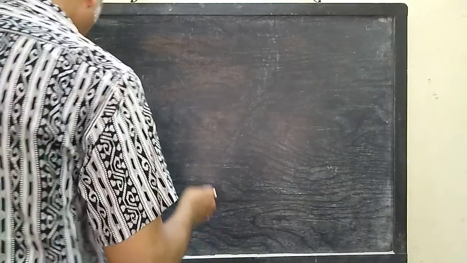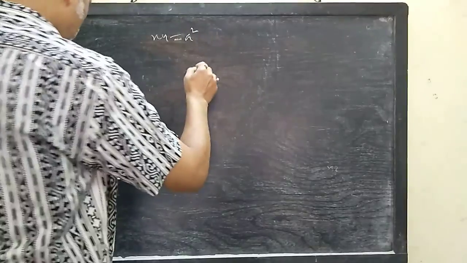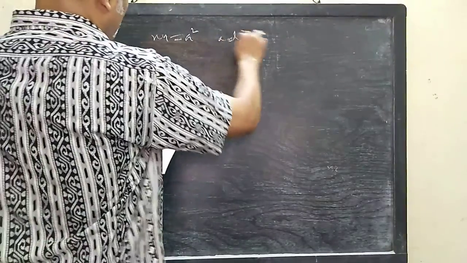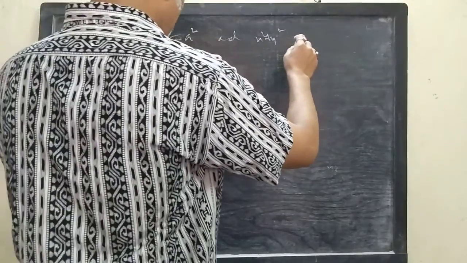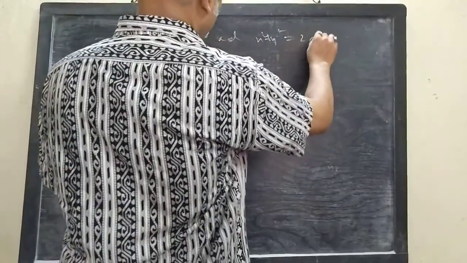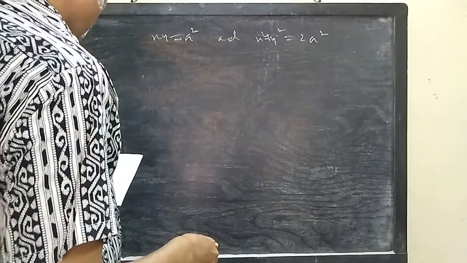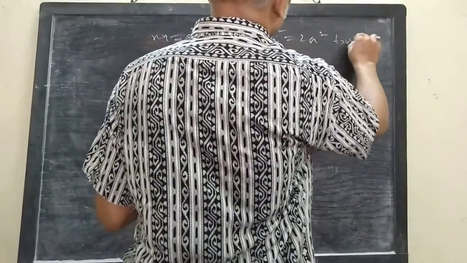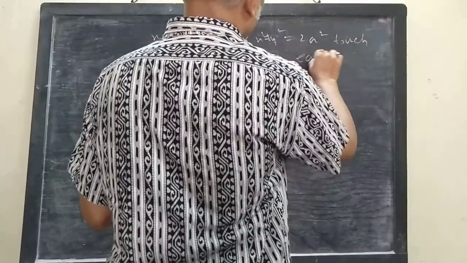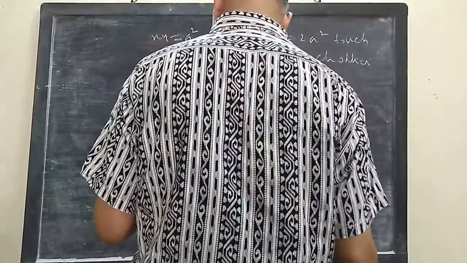Next question. Show that the curves xy equals a square and x square plus y square equals 2a square touch each other.